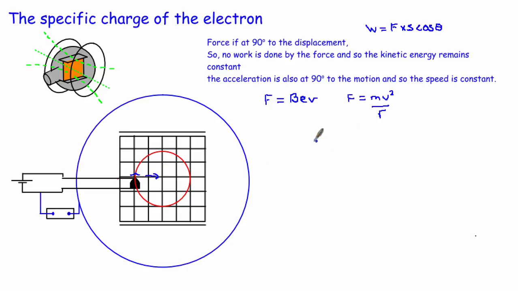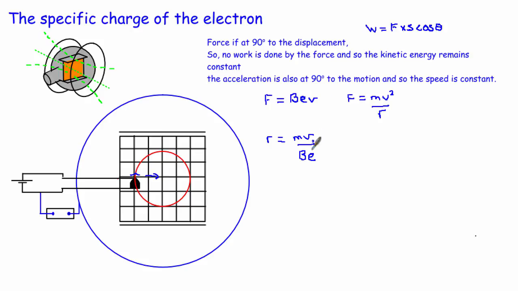So if we put these two things together, as we've seen before, we can rearrange and we get that the radius is equal to mv over Be. So this is a constant radius because the mass is constant, velocity is constant, the magnetic flux density is constant, and also the charge on the electron is constant.